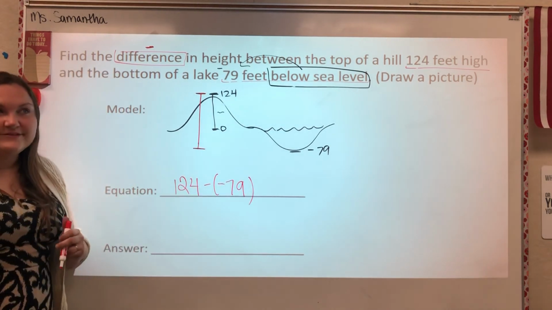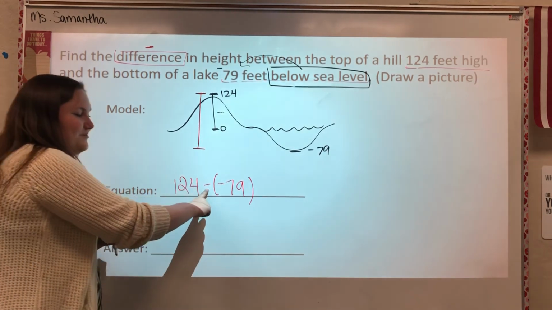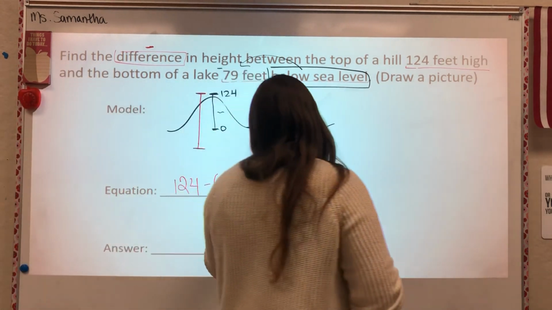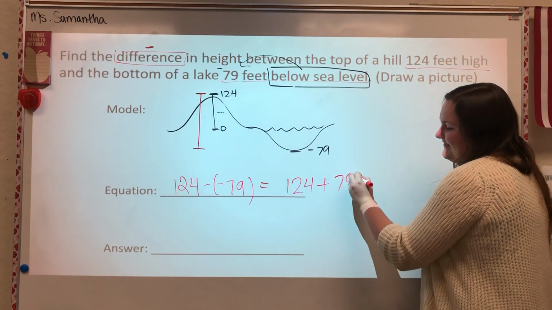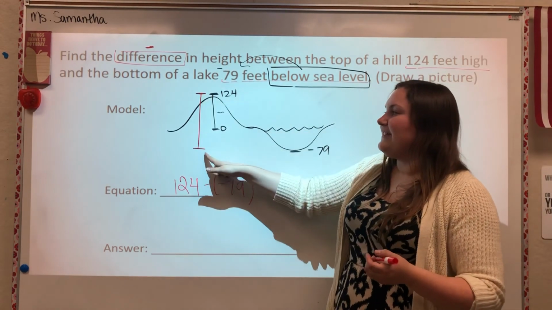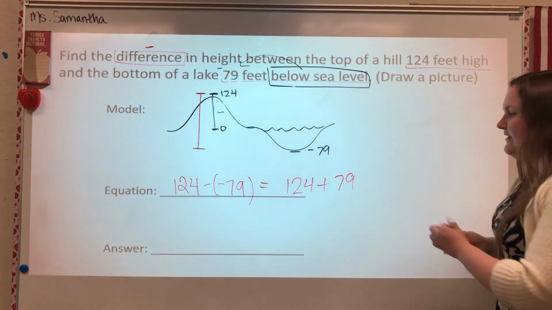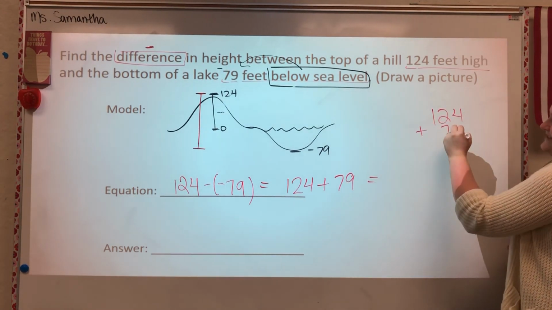And we learned in the last lesson that when you're subtracting a negative, that is the same thing as adding. So that is just another way to see why you would be adding right there, because you're trying to find that total distance. Our final answer, 124 plus 79.